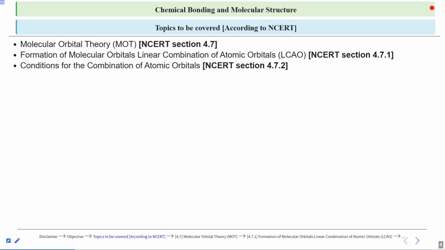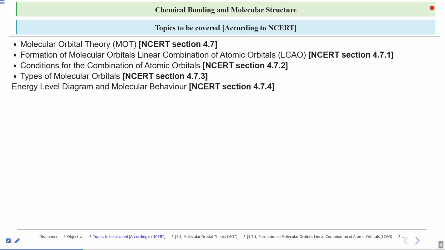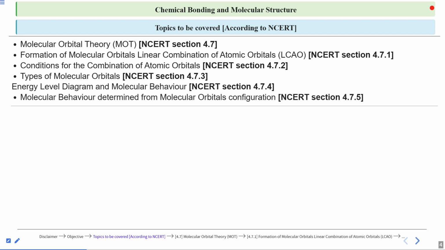Further, we have the conditions for the combination of the atomic orbitals, types of molecular orbitals, and lastly, energy level diagram and molecular behavior. So overall, we will cover up to section 4.7.5, which includes the molecular behavior determined from the molecular orbital configuration.